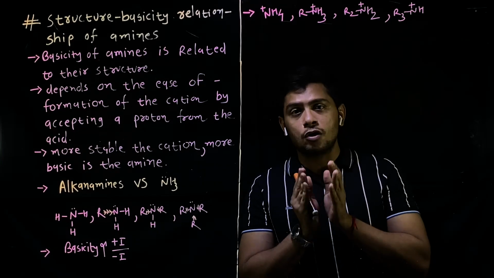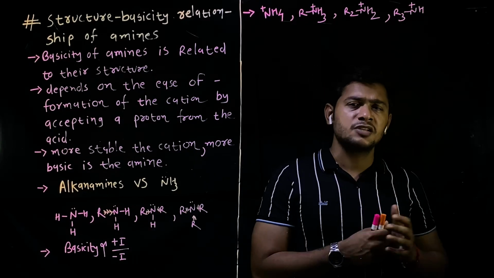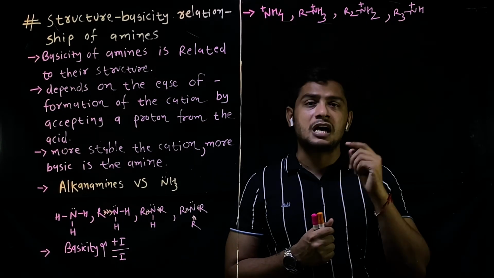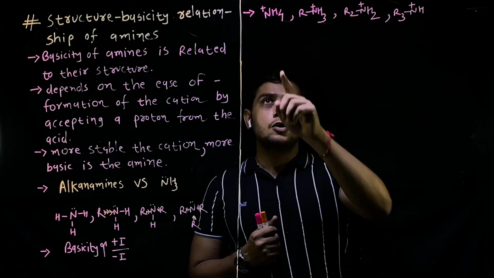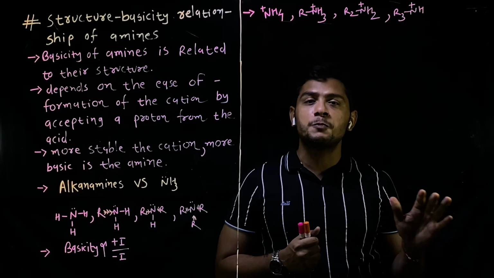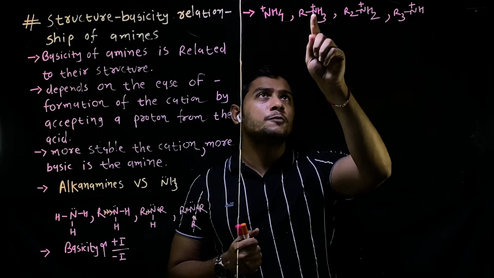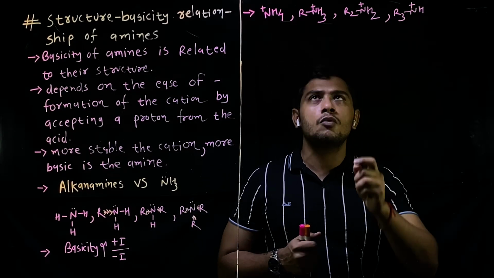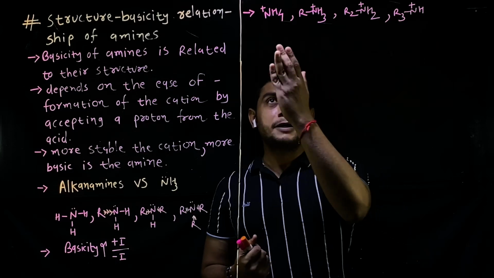And availability of electrons on nitrogen increases donation, so basicity increases. Now in this case, after protonation, we can see that the positive charge on ammonium ion cannot disperse at all. But in the case of primary amine, the positive charge can disperse over the alkyl group, so it will be stabilized as compared to ammonium ion.